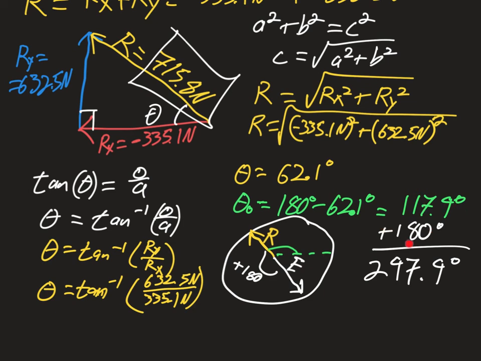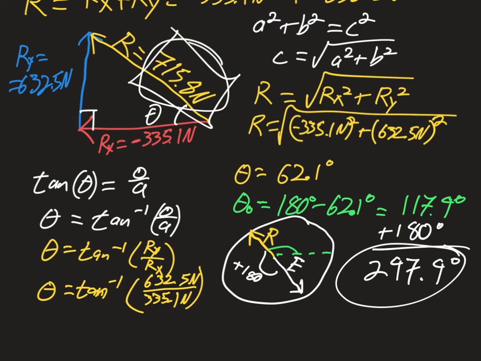So I just add 180 to that, and I got 297.9 degrees. Well, that's going to be the angle that I then need this magnitude up here for in order to get an equal balanced vector. That should give me 0 for absolutely all of it.